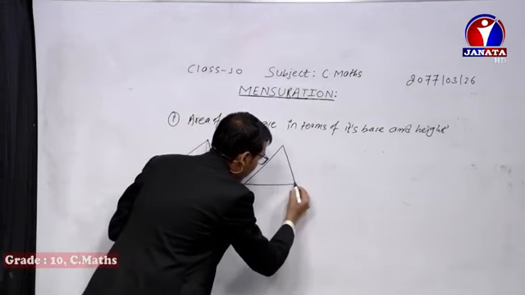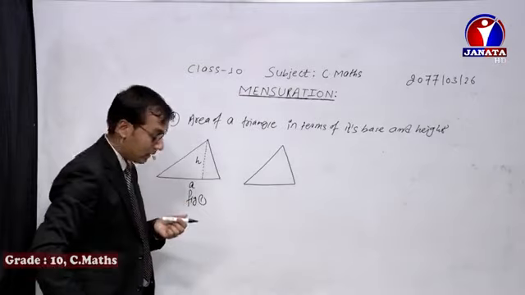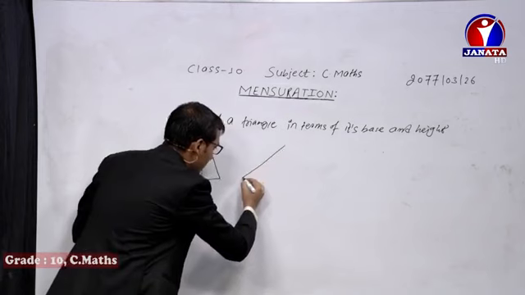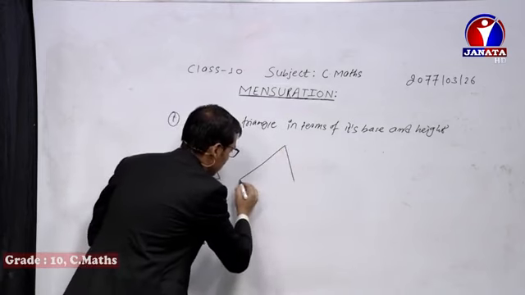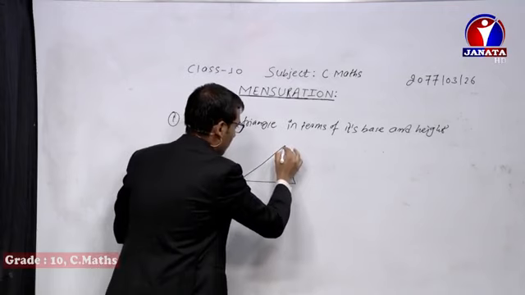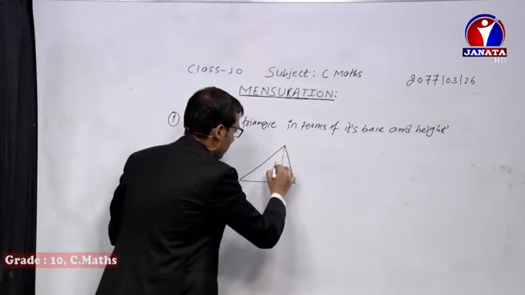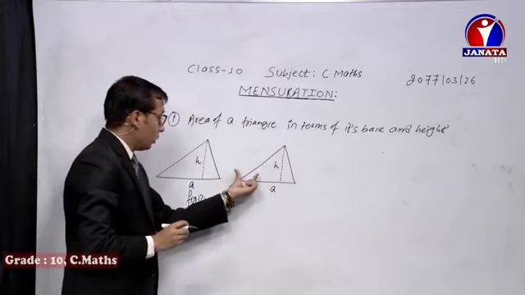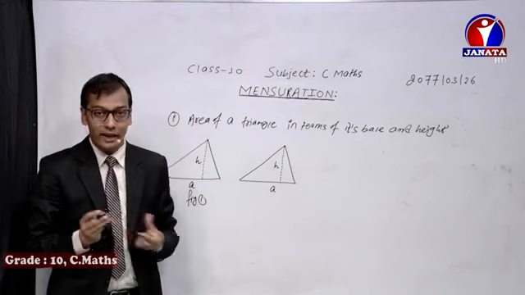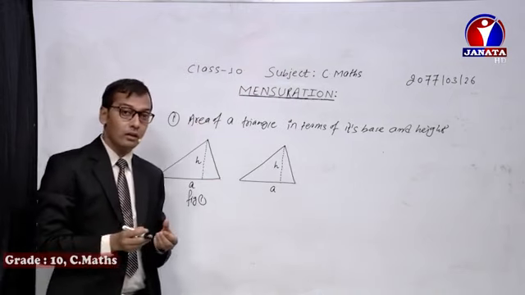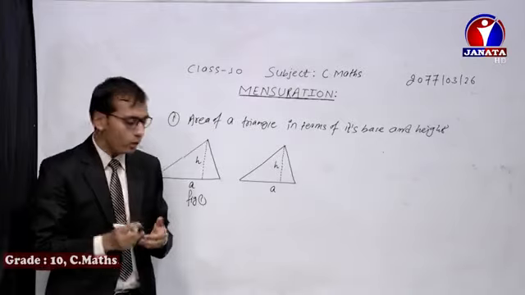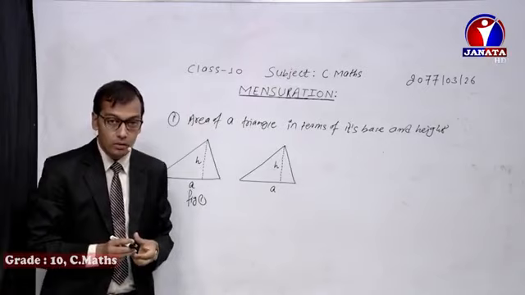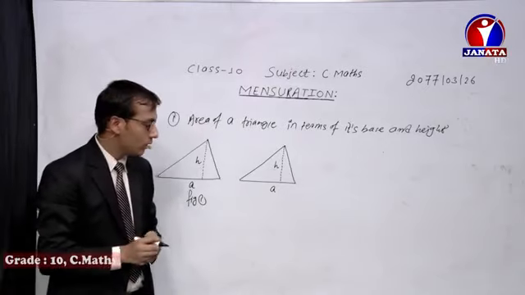Both triangles are equal in size. Again, let's draw the height here. h is the height and a is the base. Though these two triangles do not seem equal, they must be equal. The second triangle is a duplicate of the first.